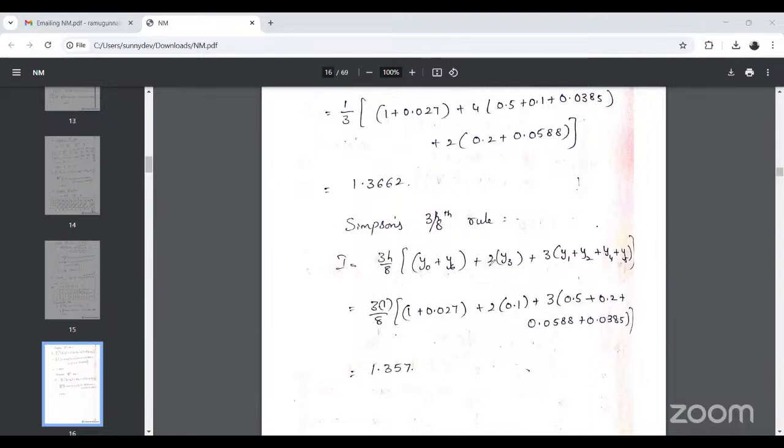That means 2 into the 3 table, so y3, y6, y9. But y6 is the last, so y9 is not there. So we start from only 2y3, and plus 3 into y1 plus y2 plus y4 plus y5. So here we are getting the Simpson 3 by 8 rule.